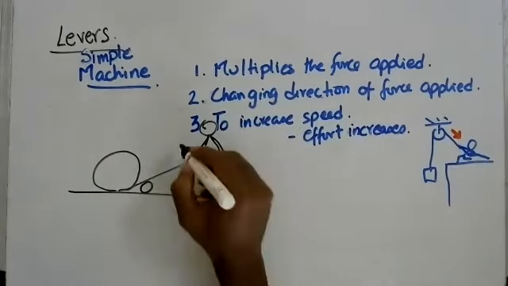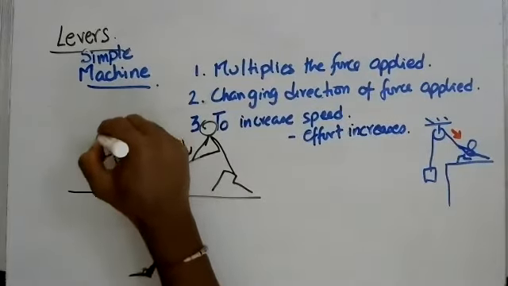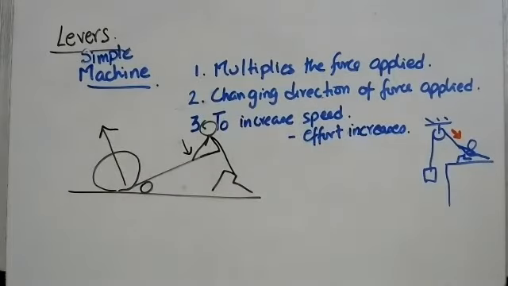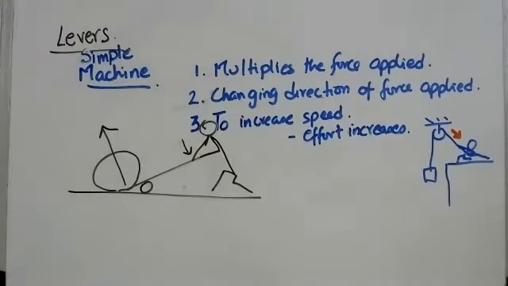If you apply a downward force over here, then you can obtain a much larger output force over there. The logic that is used to understand this is of course the principle of moments again, but we will re-examine that. So this is a situation where the force is multiplied.